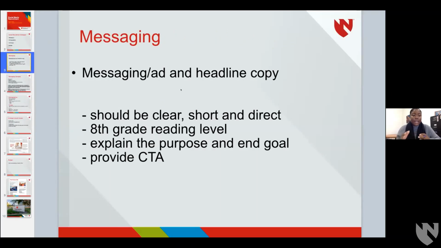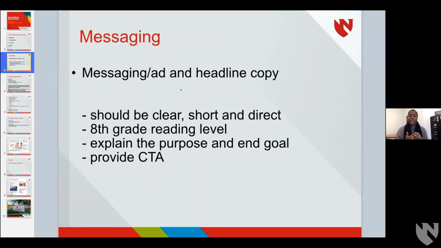So for messaging, I will have a few samples on here so you can see exactly what some of these social media ads should look like, especially the ones we do for UNMC. But we really want it to be super short. I know a lot of researchers have a hard time condensing and reducing information, which is why having a call to action is always important.